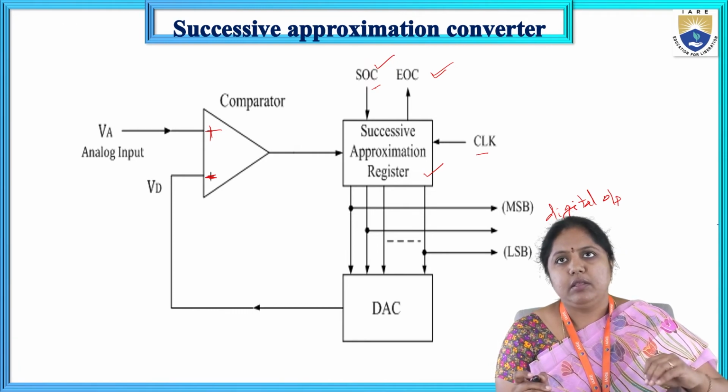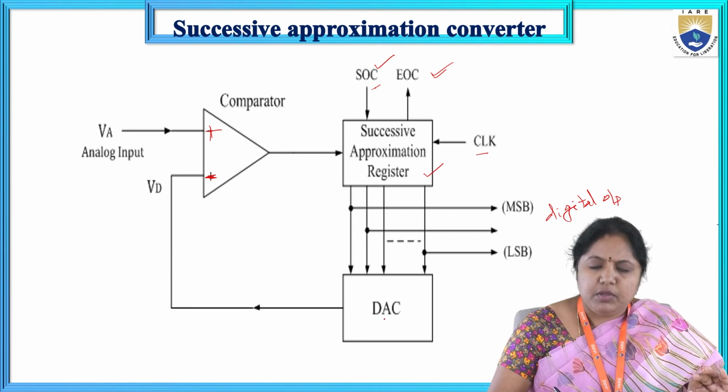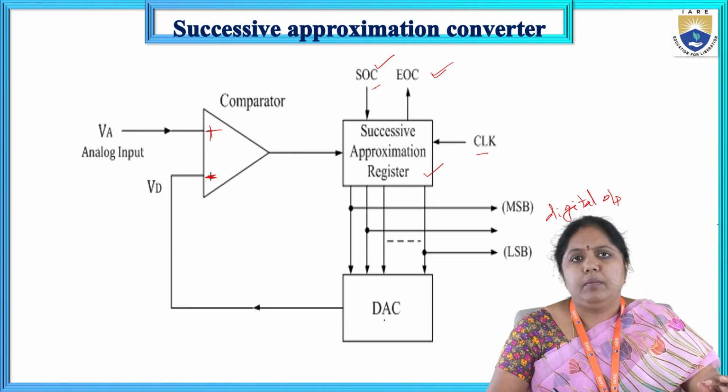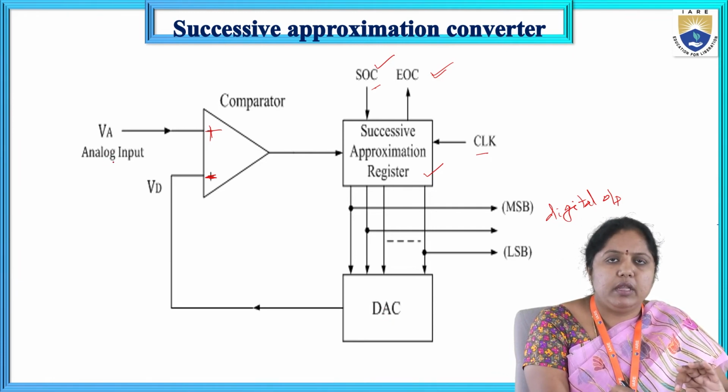So now while seeing the logic here, in this one, same thing, your DAC will be set to plus or minus 1 LSB position, right? So I have given the analog input signal.